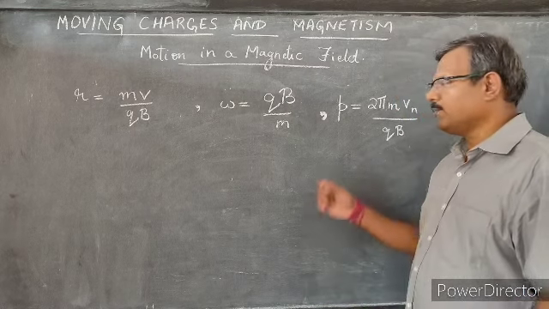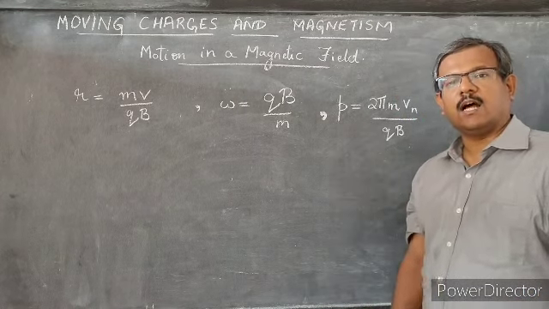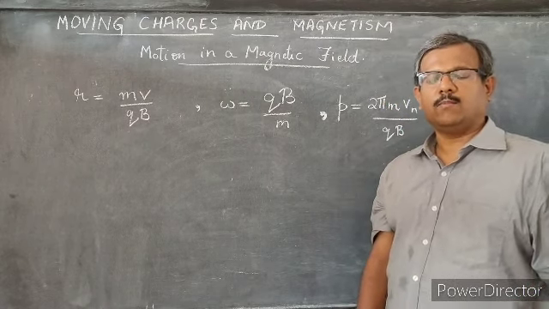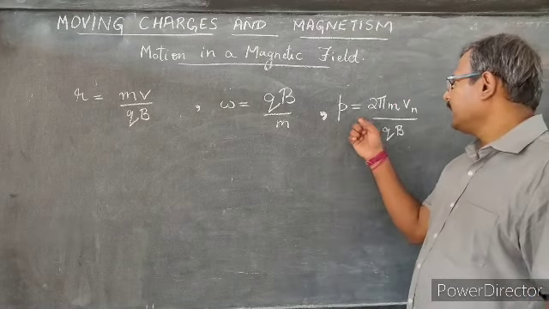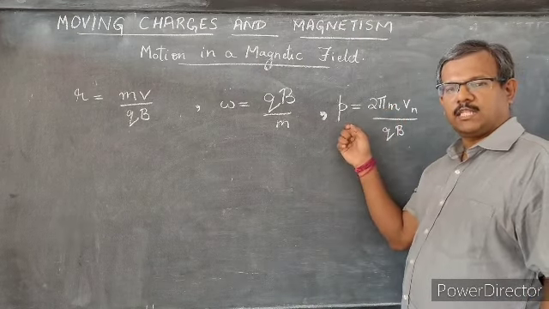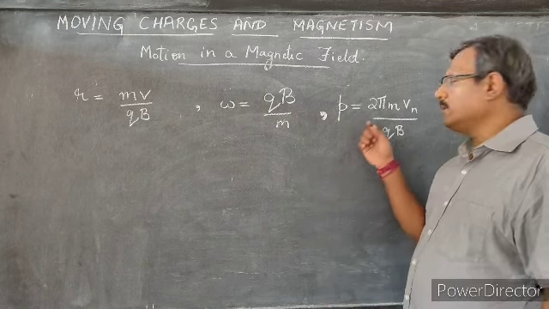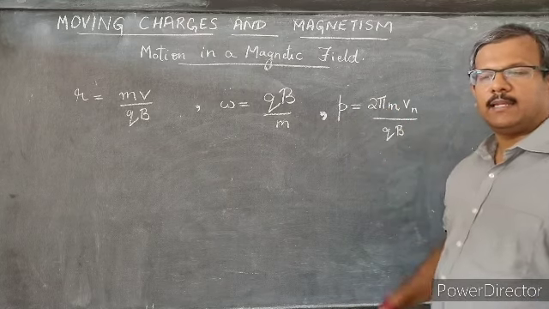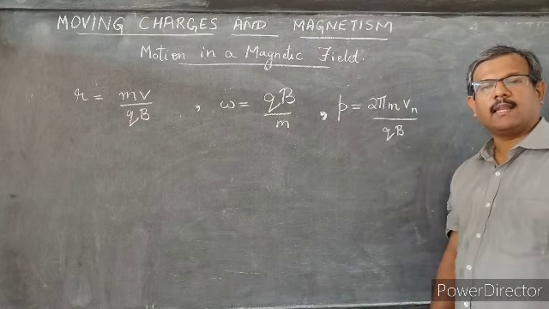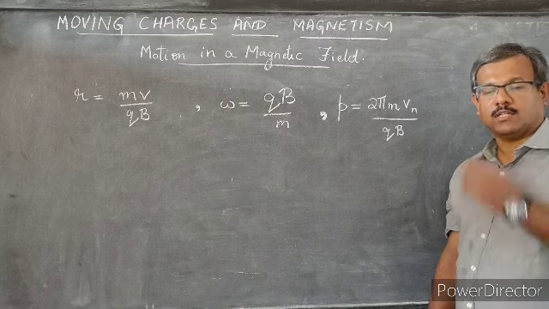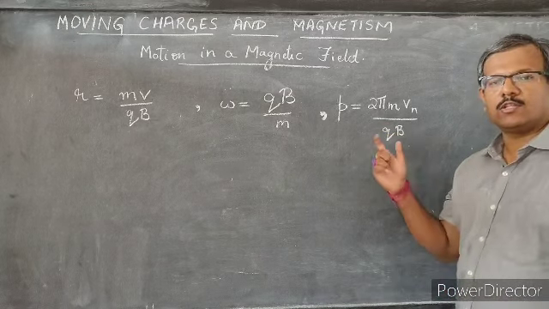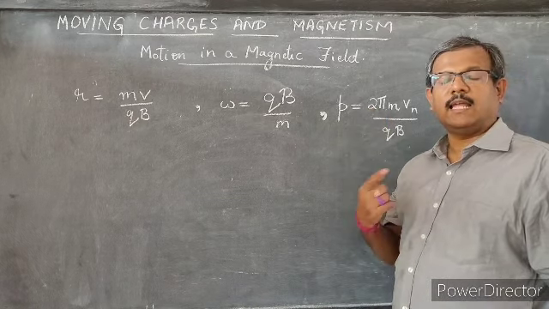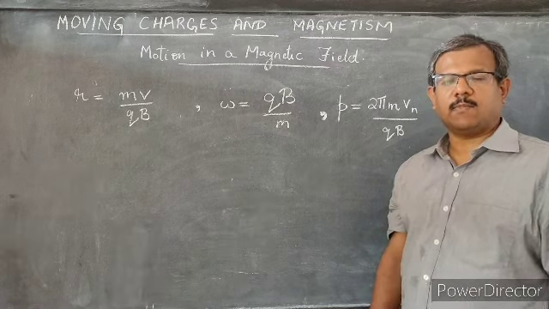And finally, we also discussed how when a particle executes helical motion while moving through a magnetic field, you can also arrive at the pitch of the helical motion that's being executed by the charged particle.